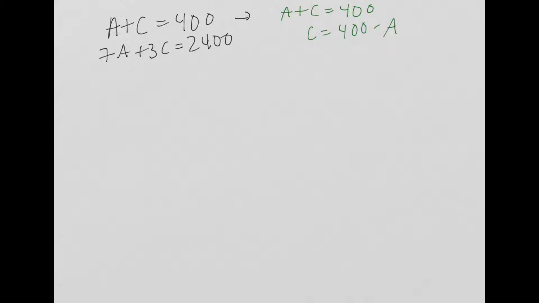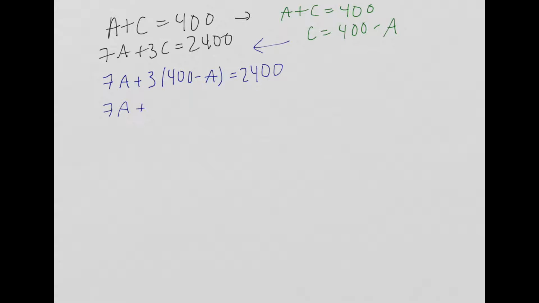So far so good. So now I'm going to take that, come back over here, and everywhere I see a C, plug in. So I get 7A plus 3. I'm going to be very careful with parentheses. So there's my 7A plus 3, and then instead of a C I have 400 minus A. And now we just got to solve this for A. So let's see, what should we do first? Maybe distribute.